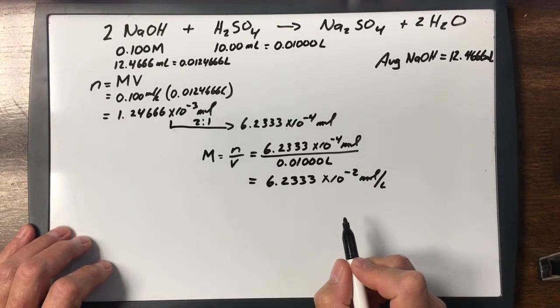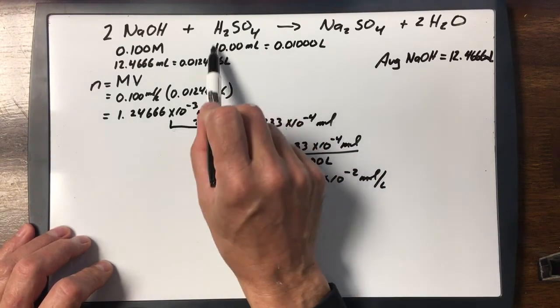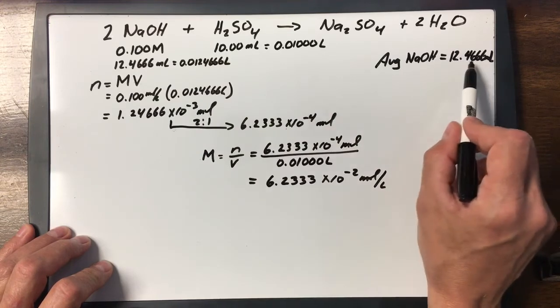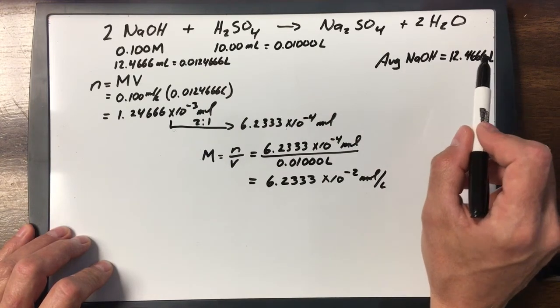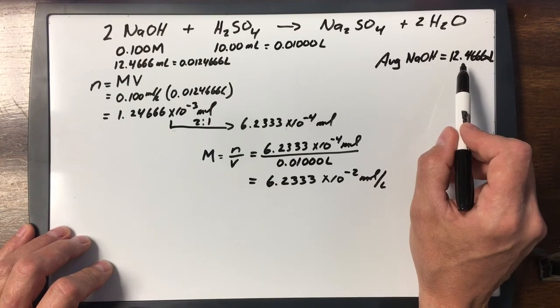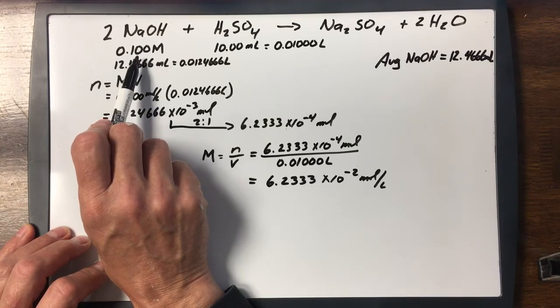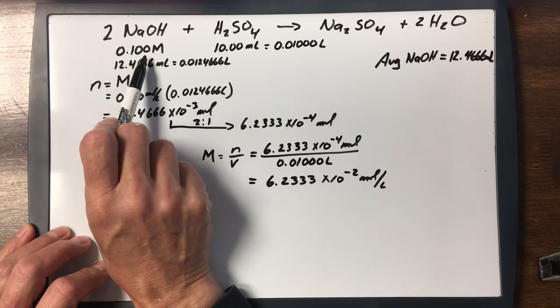The last thing that we're going to do, as always, is make sure that our significant figures are correct. This value here has 4. This value had obviously more than 4, but the volumes that we measured were two decimal places, which had 4 significant figures. Unfortunately, we're limited by this measured value of 0.100 moles per liter of our sodium hydroxide, which only has 3 significant figures.